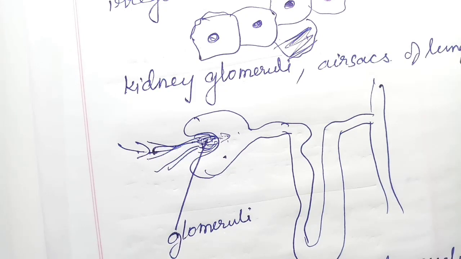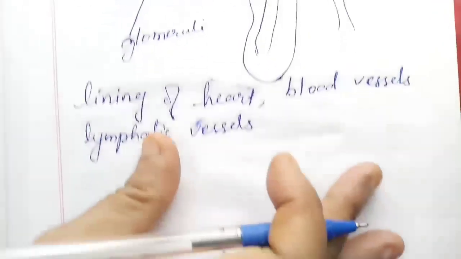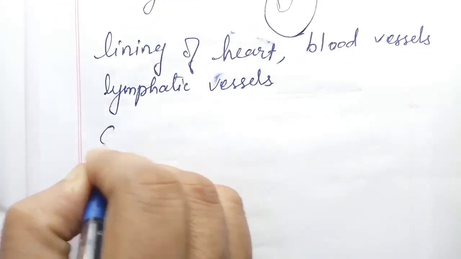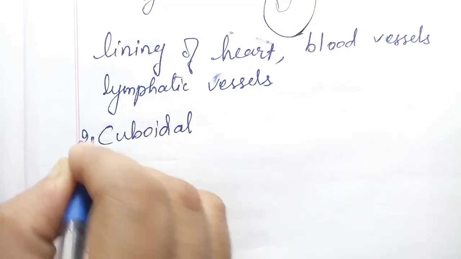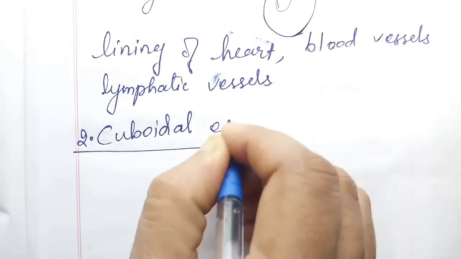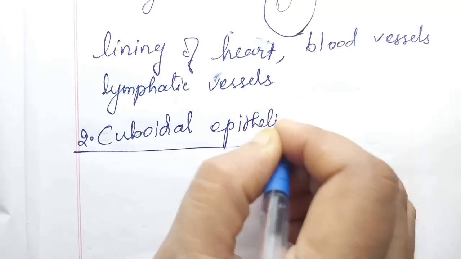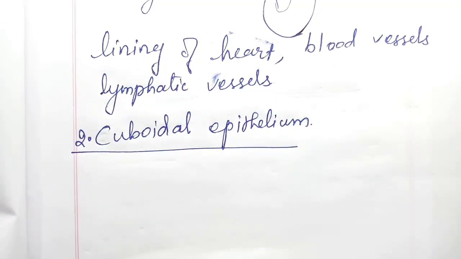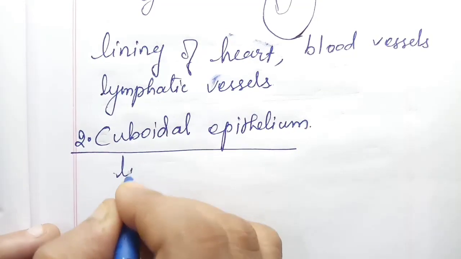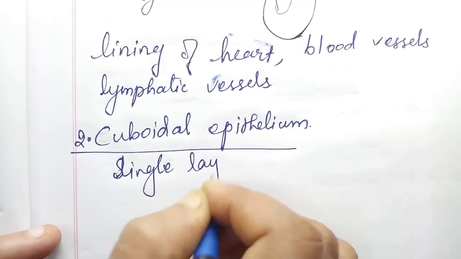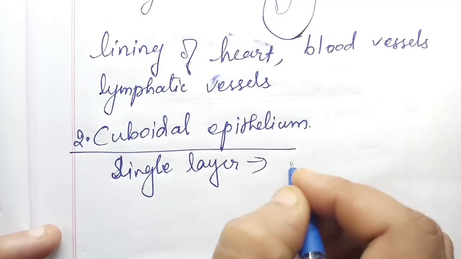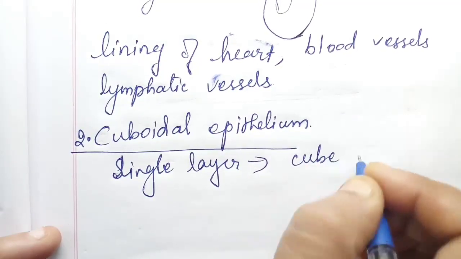Next one is cuboidal epithelium. Cuboidal, the second type I told you. It is also a single layer, but the cells will be cube like.